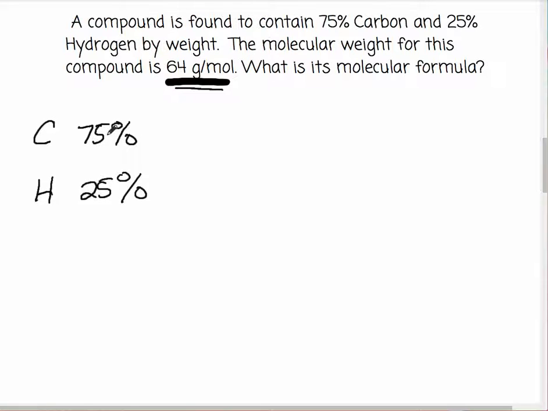So going back to our steps for calculating empirical formula, step one, we write down the percentages, and then we change those percentages to grams, because we're assuming that we have 100 grams. So we can do that.